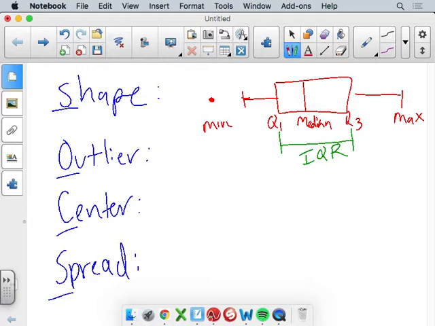It's where the middle 50% of our data is. How big is our range in the middle 50% of this chunk of data? And then we have an outlier if I take this IQR and multiply it by 1.5.